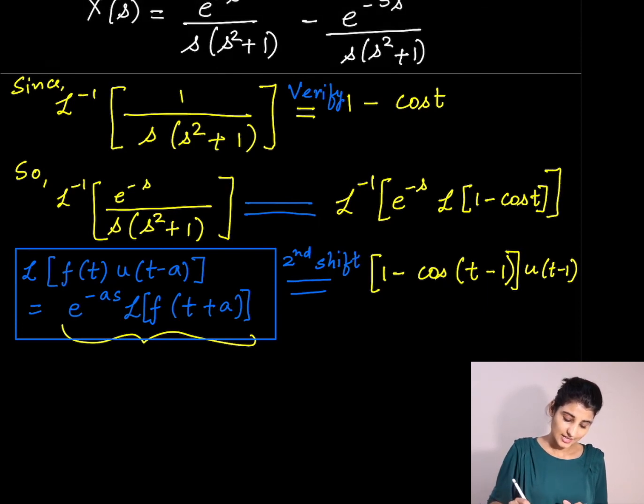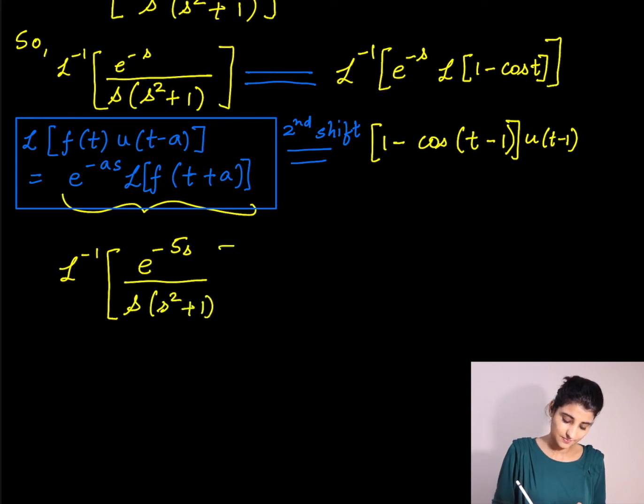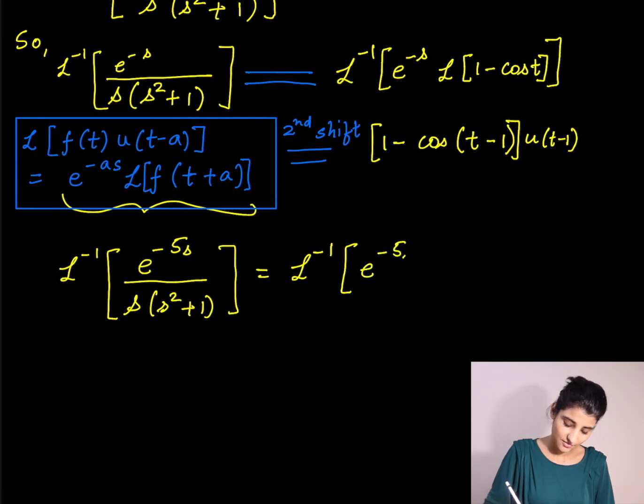Similarly, we can calculate the Laplace inverse for the second term, which is e to the power negative 5s divided by s times s squared plus 1. So this term can be written as Laplace inverse of e to the power negative 5s times Laplace of 1 minus cosine t.